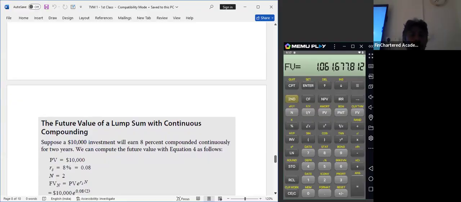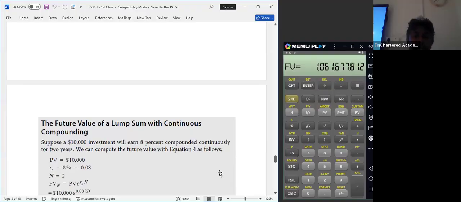How do you find the future value? You just use this formula, which says future value is equal to present value into e power rs into n. Both rs and n come in the power.